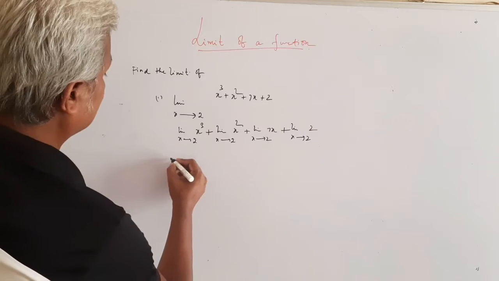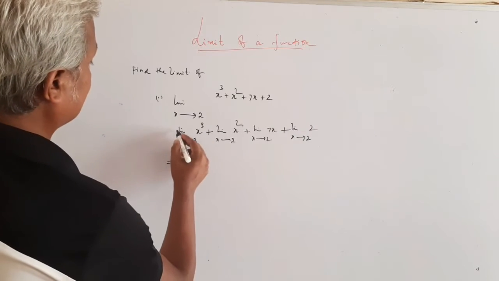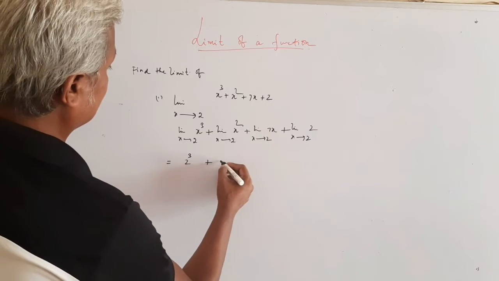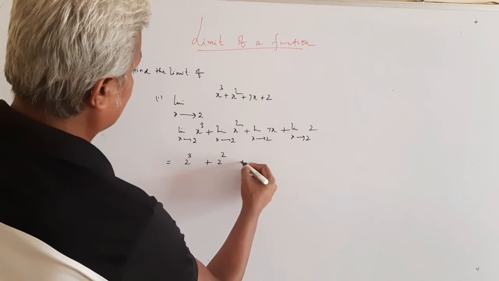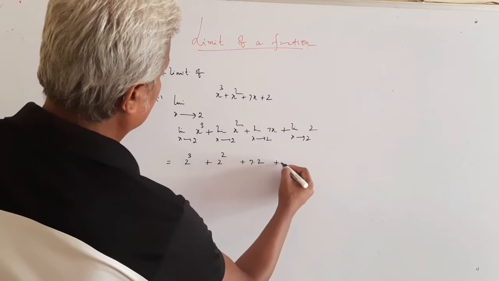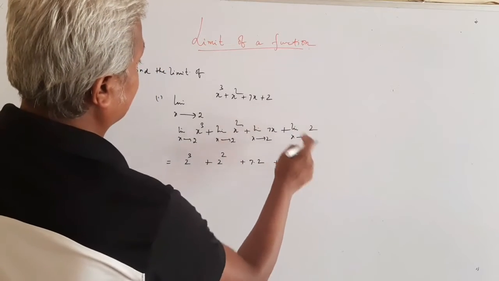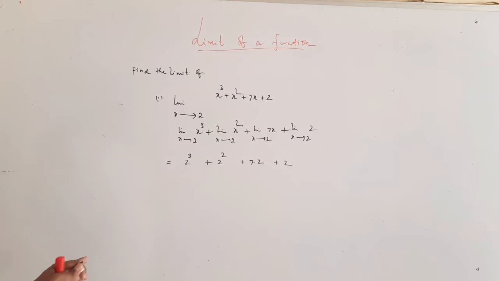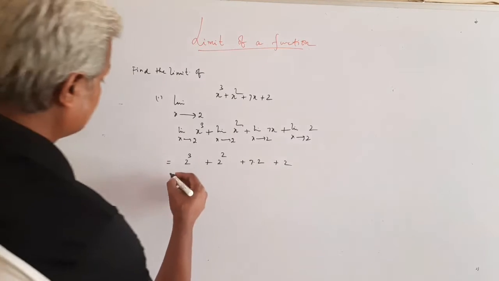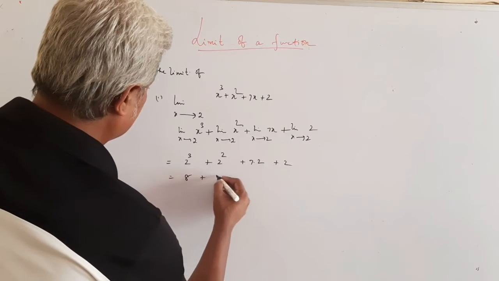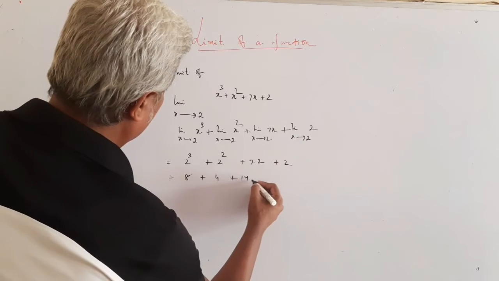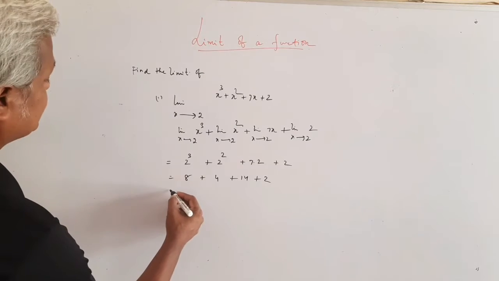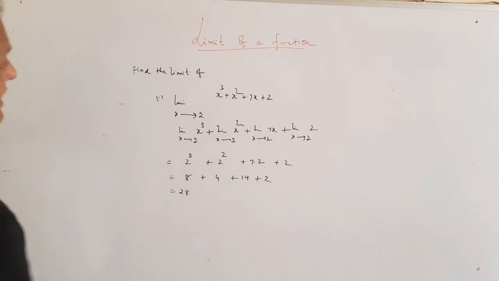So now here you just put the value directly. So it is 2 cube, 2 square, 7 into 2 plus 2, because this is independent. There is no x involved, so wherever the x is going, there will be no change in the value, it will always remain 2. So now this is 8, 4, 14 and 2. So 14, 6, 20 and 8, this is 28.